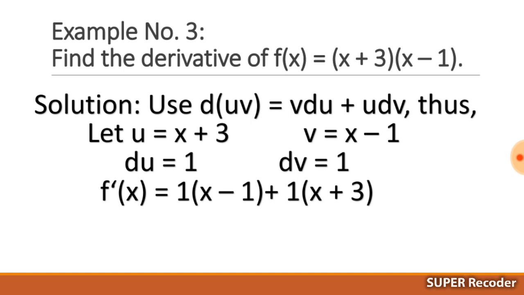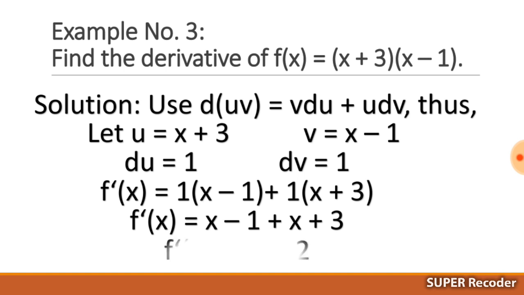So this will also be x minus 1 plus x plus 3. We're going to combine similar terms, the two x's and the two constants. So your answer, f prime of x, or the derivative of the function, is 2x plus 2. So this is method 1.